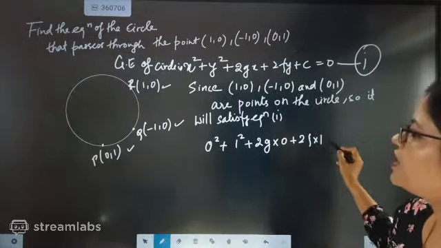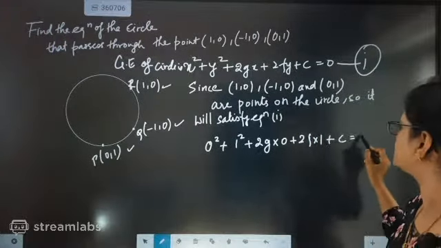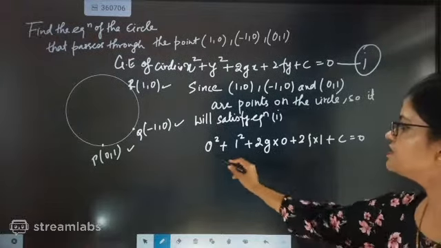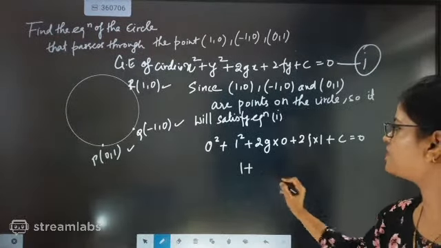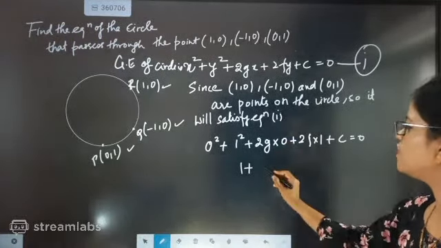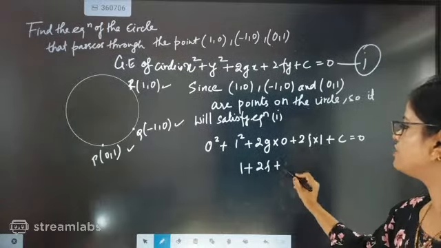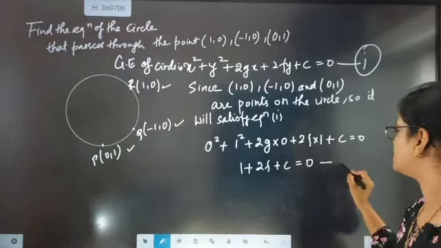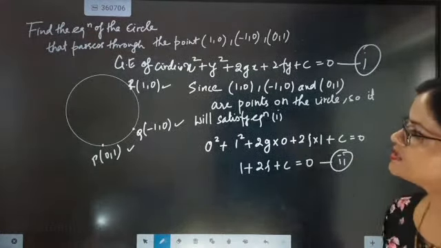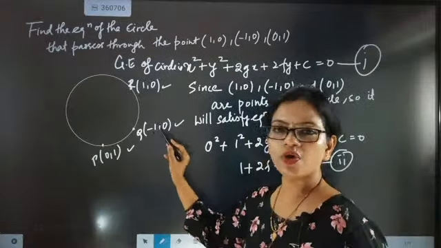First time I am doing it, next time you are going to solve it yourself. So the g part is 0, so it is coming as 1 plus 2f plus c equal to 0. So one equation we got. Second equation: instead of x, what do you have to put?